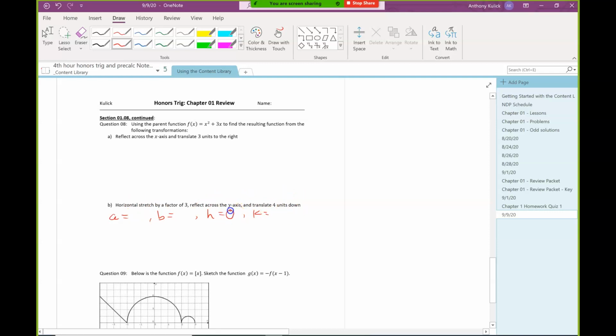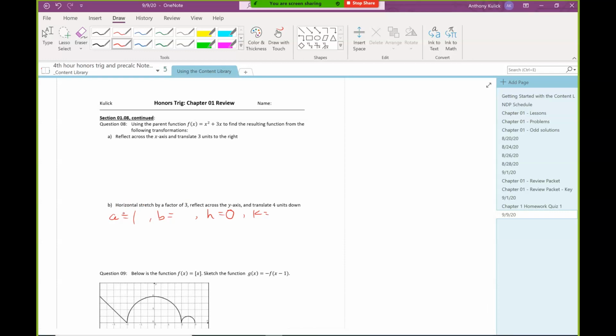None of those are going to involve H, so H is just going to be 0. And none of those are going to involve A, so A is just going to be 1. Right? A is vertical and reflecting across the x.